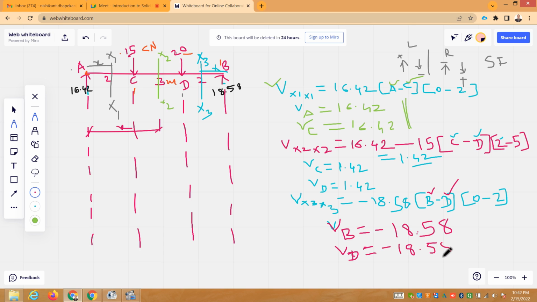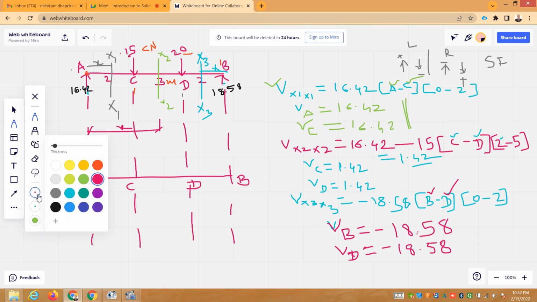Now all the values of shear forces are available. You have to plot the shear force diagram here. This is your point A, this is your point C, this is your point D, and this is your point B. Upward positive values will be plotted upward, negative values will be plotted downward. This is my sign convention, you can change also.